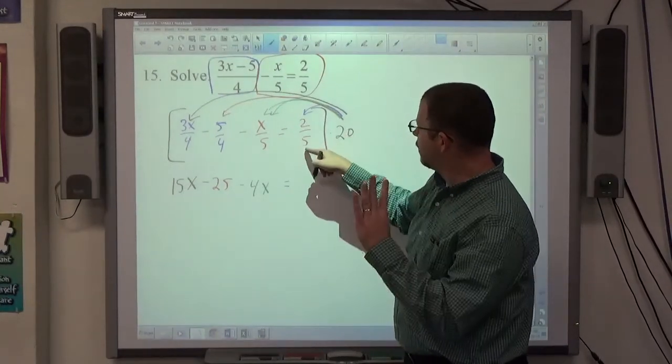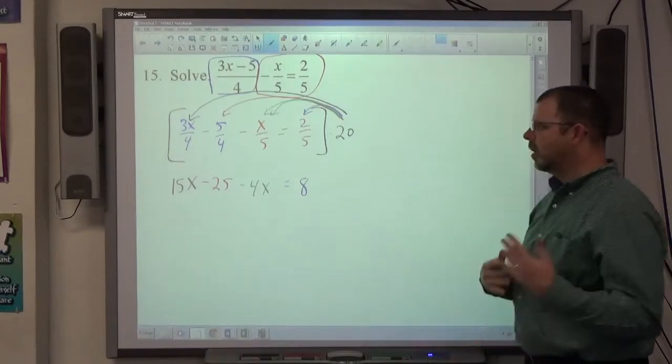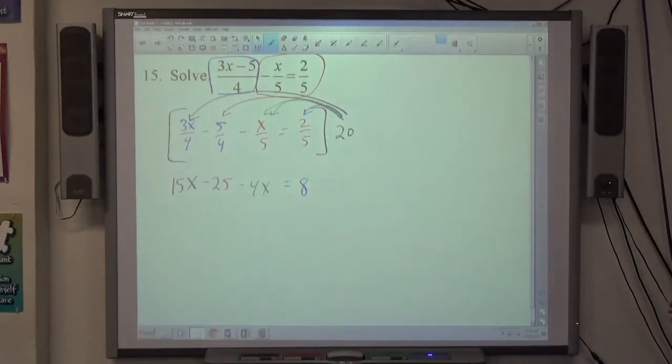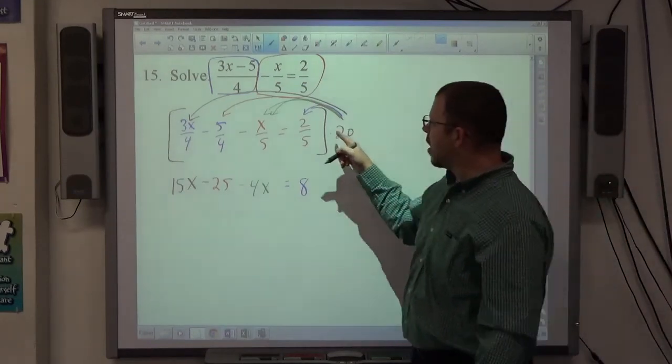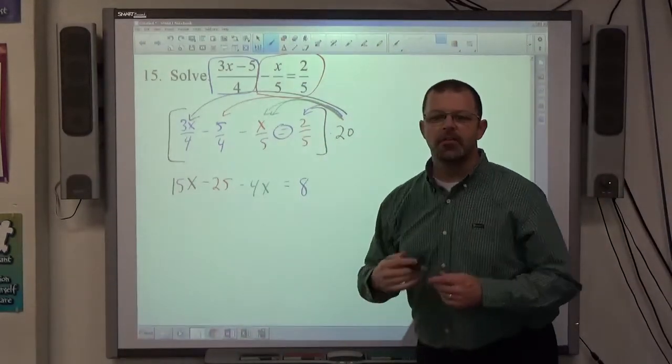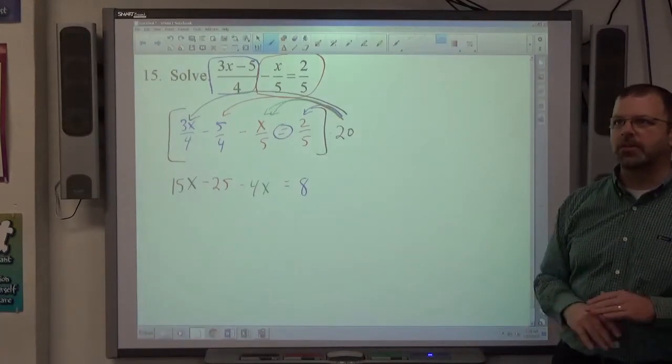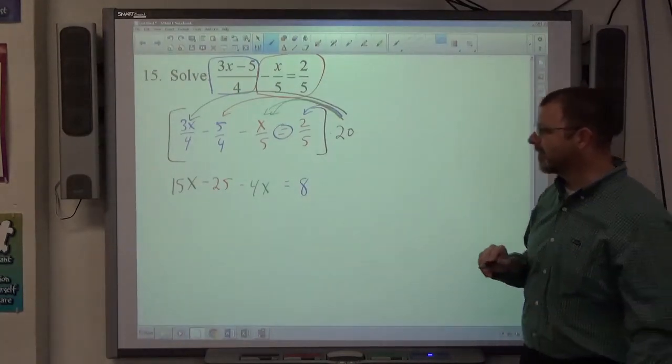And 20 divided by 5 is 4, times 2 is 8. So split the fraction apart, multiply everything by a common denominator, all the fractions disappear. This is legal in this problem because there's an equal sign. Again, you don't get to eliminate fractions all the time. If there's an equal sign, it's legal to do it.